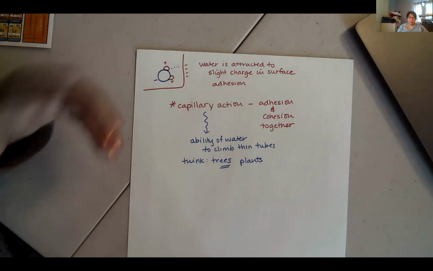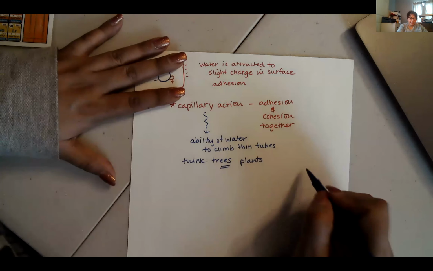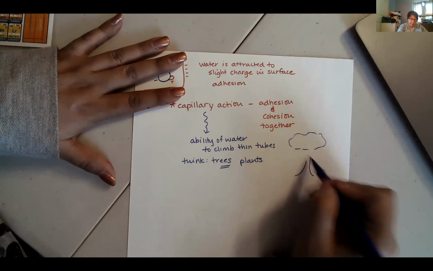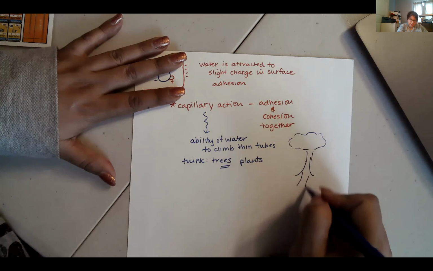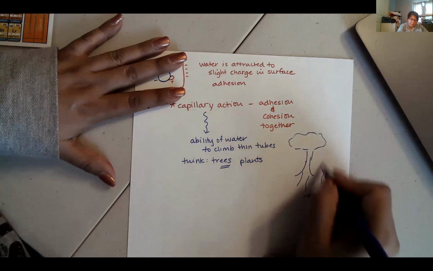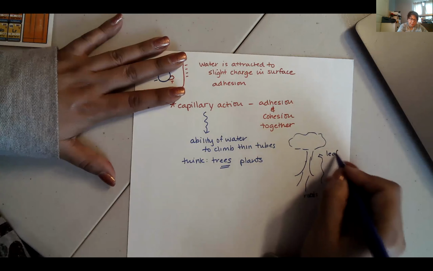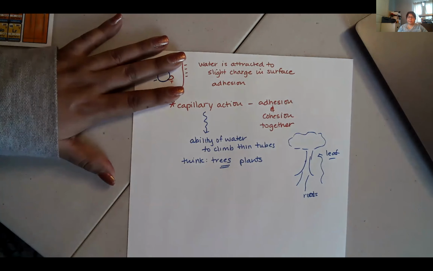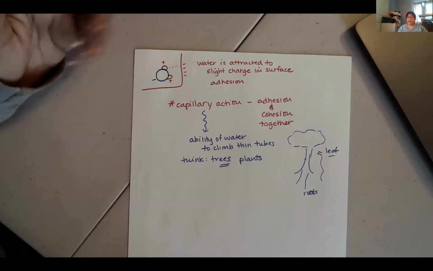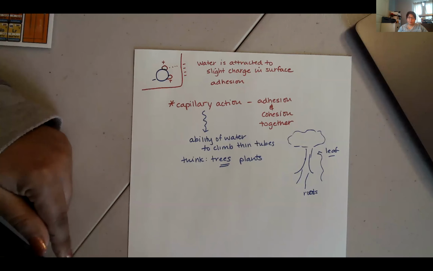Trees and plants in general have to get water all the way down from their very roots, all the way up to the very most upper leaf in the canopy. Well, trees do not have hearts, so how are they going to pump water? Well, they don't actually have to exert any energy to pump water.